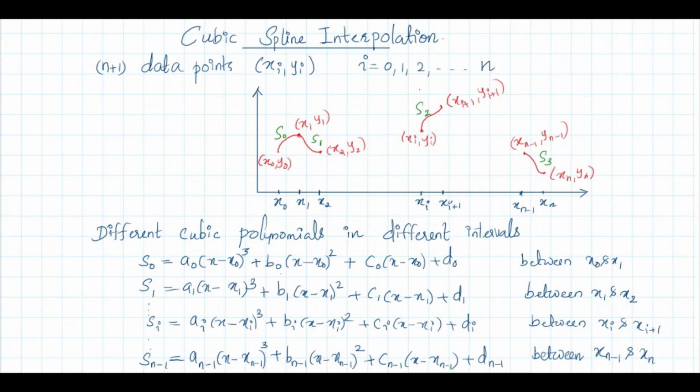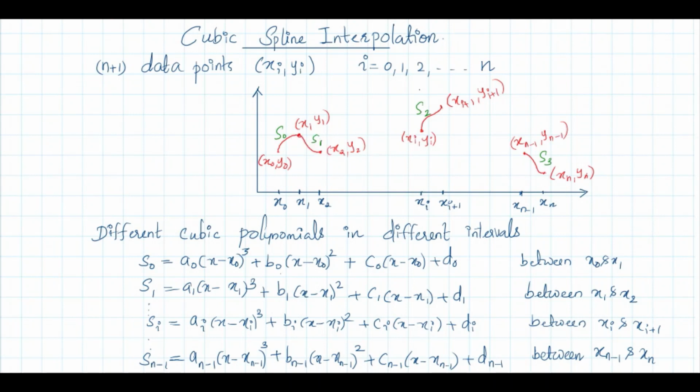At each junction, like x1, y1, x2, y2, etc., these different splines should be continuous, their first derivatives should be continuous, and their second derivatives should be continuous. Okay, so we are considering such an interpolation for which the junctions are smooth.